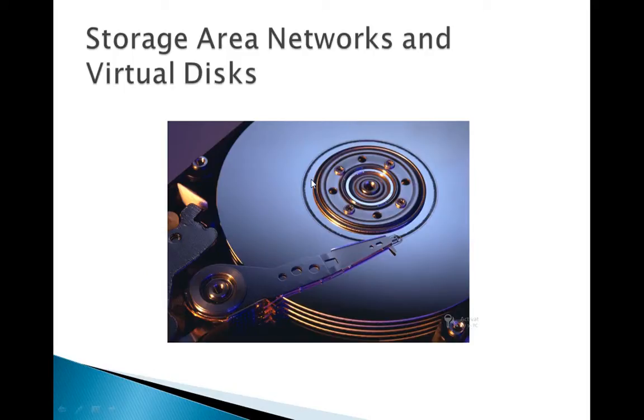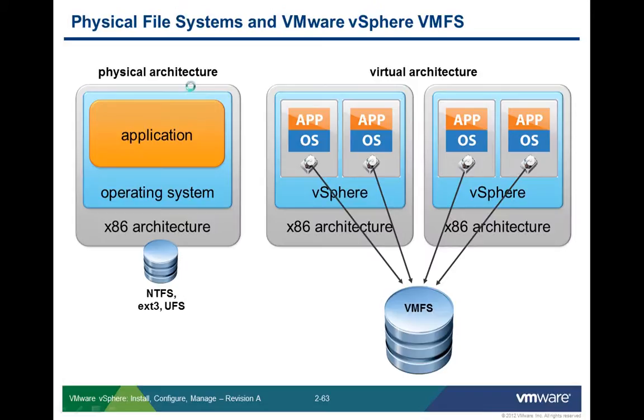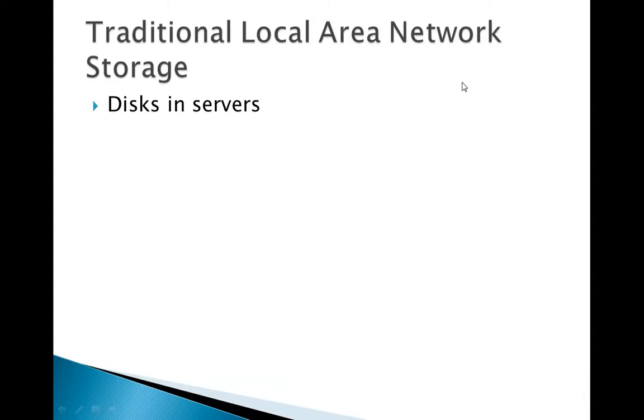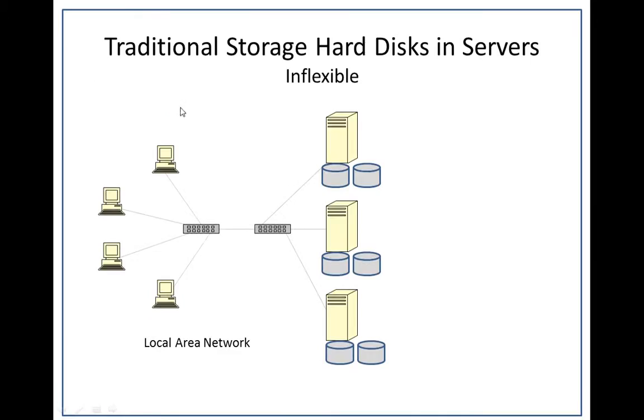Let's now briefly look at storage area networks and virtual disks. What's the difference between a physical architecture and a virtual storage architecture? In the traditional local area network, the disks were in the servers.